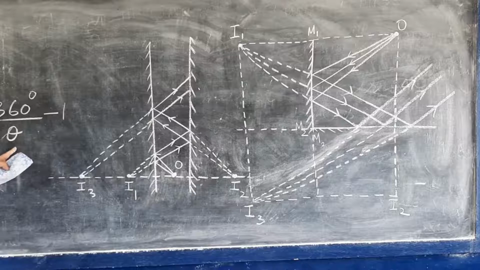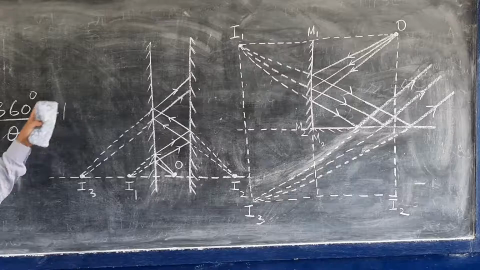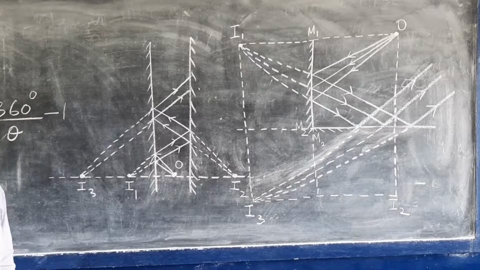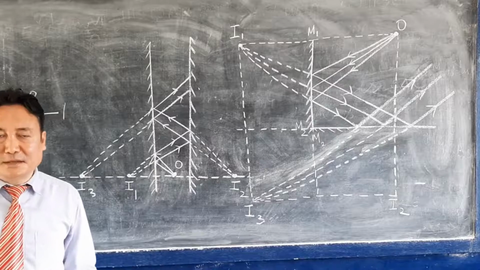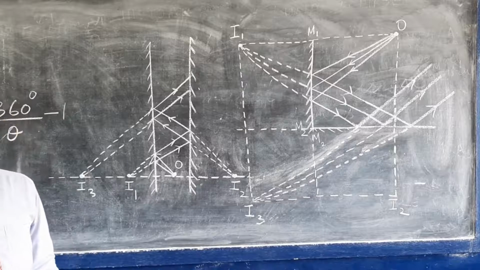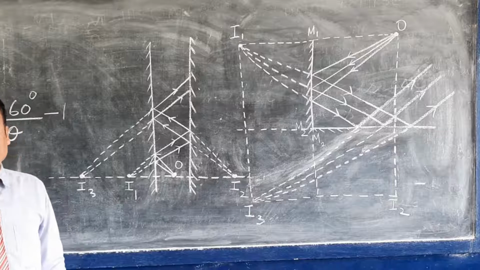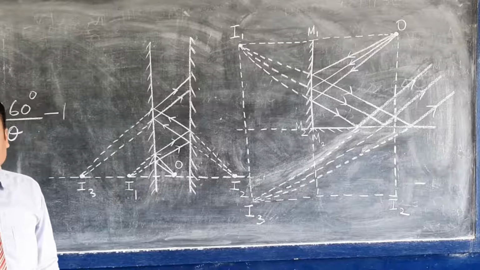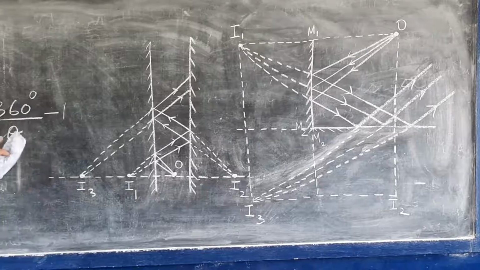It forms a certain angle and this theta is an angle. This relation you will use to find the number of images, which you find due to multiple reflection. So how many images can be seen when the two mirrors are kept inclined with each other at a certain angle. So this relation will be used.